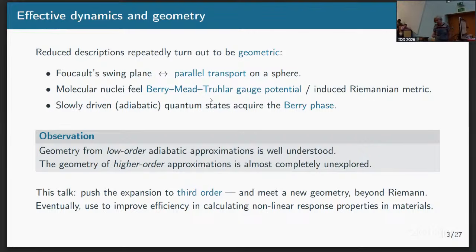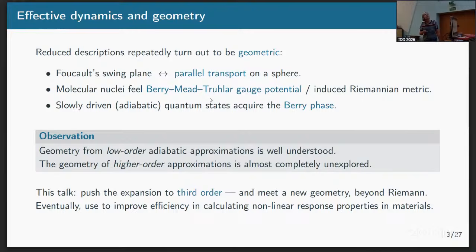It turns out that this adiabatic approximation is very good in the sense that you will have a parameter that controls the accuracy of your approximation, which is extremely important to know. And also, of course, we want to use geometry to make calculation more efficient.